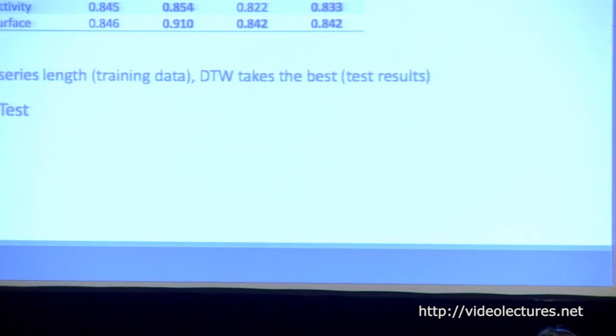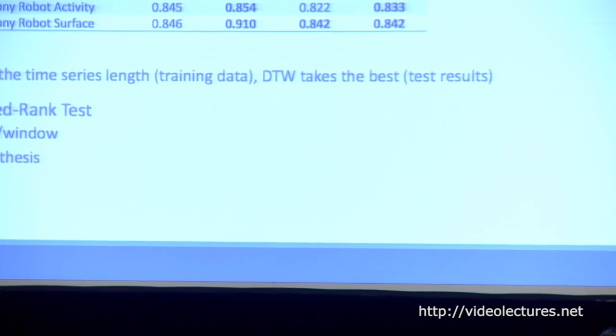This is not in the paper, but it summarizes the results. For this table, I got the best result of dynamic time warping, looking directly at the accuracy obtained on the test data and taking the best result. So I'm kind of cheating because I'm assuming that I already know the best length of the time series, okay? And I'm not doing this for CDTW. I'm trying to learn it in the training data as well.